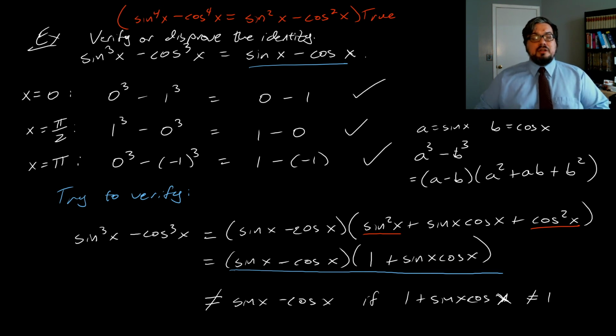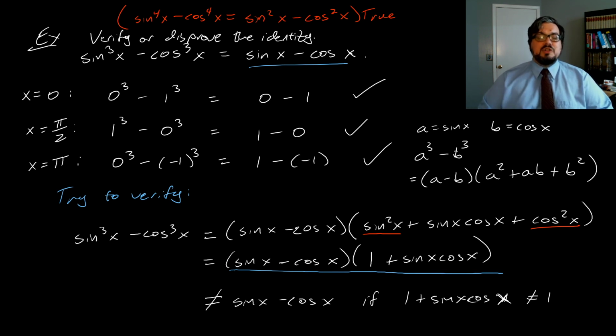What we need is an angle where sine x times cosine x is not equal to 0, because we need 1 plus sine x cosine x to not be equal to 1. So we want to use some angle where neither the sine nor the cosine of that angle is 0.